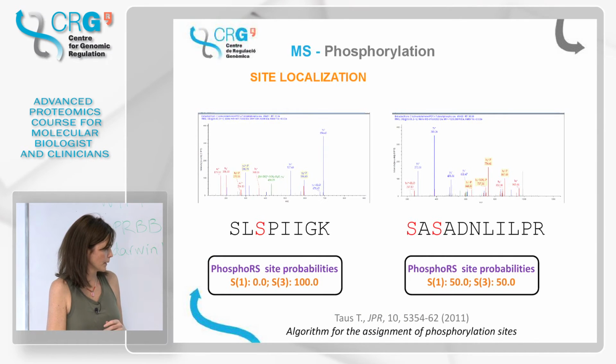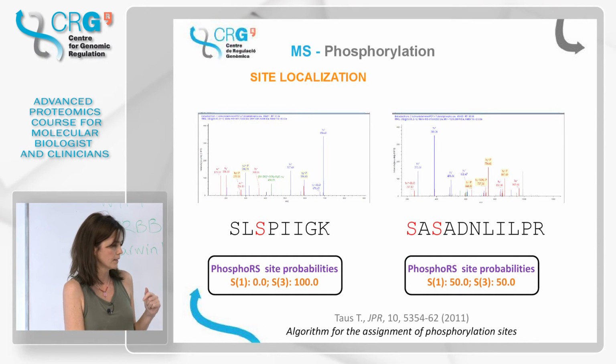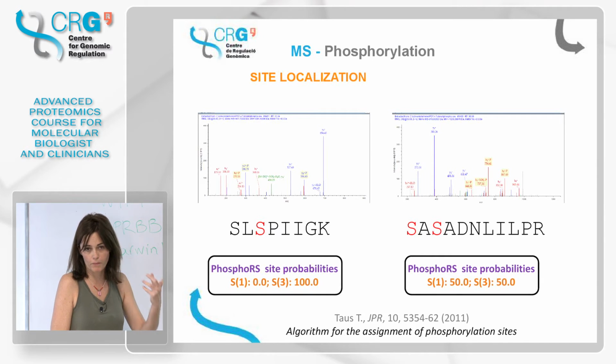And in this case, by using the phospho-RS, that is one of these tools to give an automatic probability of the phosphosite, tell us that this serine is 100% probability that is in this serine and 0% in this one, while in this case, the tool tells us that we have 50% probability that is in one or the other. So that corresponds with our manual inspection, but we don't have to go like this when we have thousands of phosphopeptides.